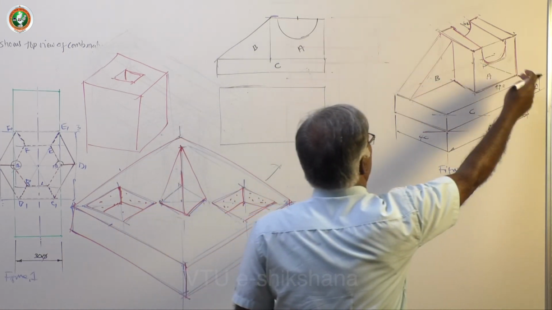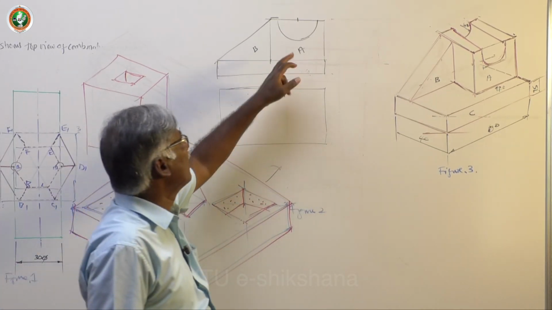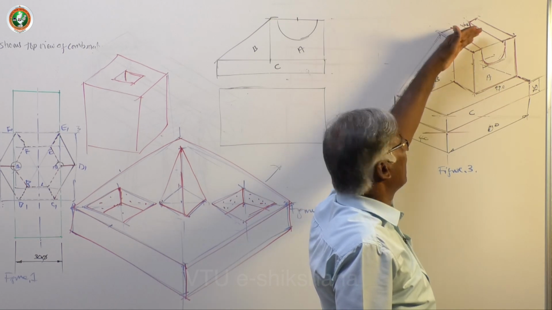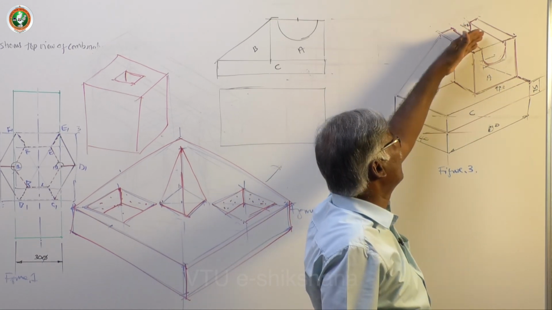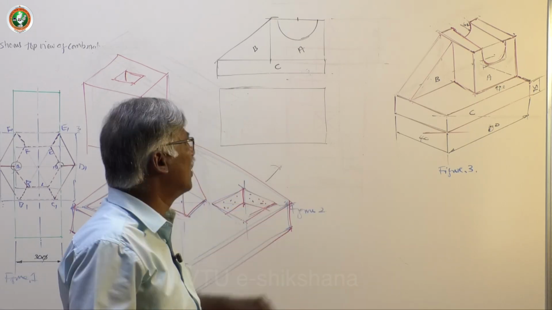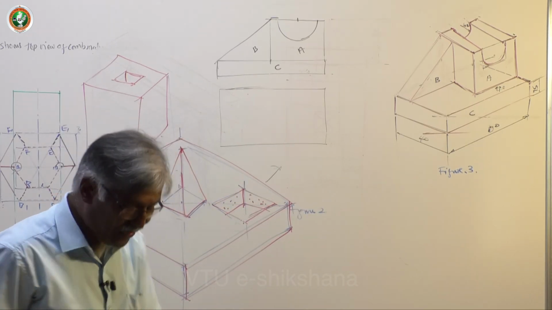Then this one is a through hole, a through slot. You cannot see anything, so this line will not be there. If I block it somewhere, I will do that for you after completing this. We can make small changes and see how exactly it looks. Now let me complete the front view.